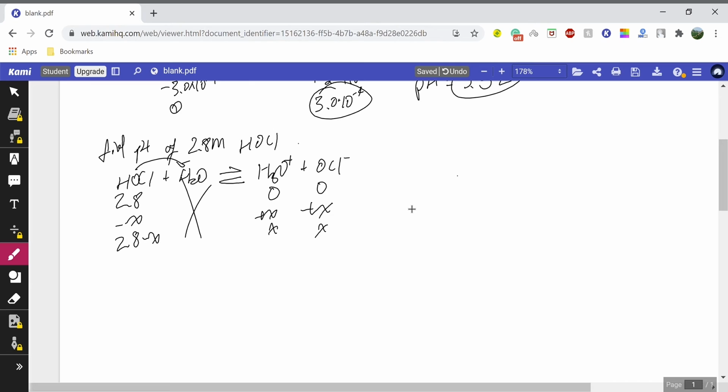Now, what is the Ka for HOCl? Well, if an acid is in the reactant, we'll just use the Ka of the acid. Now, the Ka of the acid should be given. This time we're given that Ka is equal to 3.47 times 10 to the negative 8. So since 3.47 times 10 to the negative 8 is a really small number, X is small, so 2.8 minus X practically means nothing.